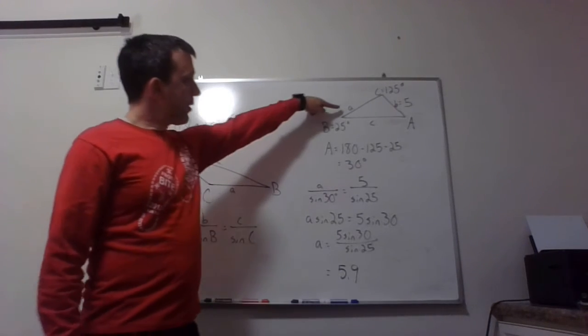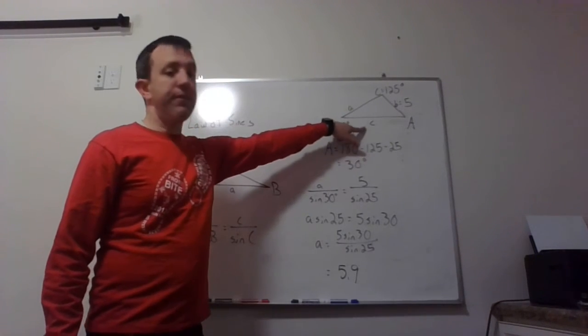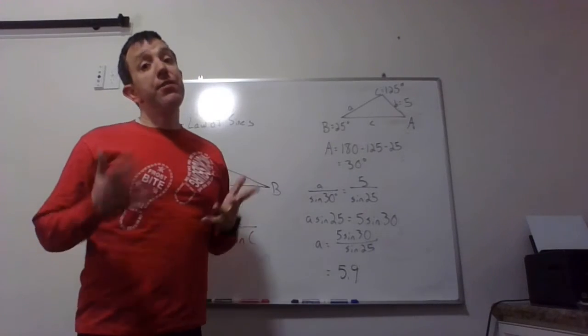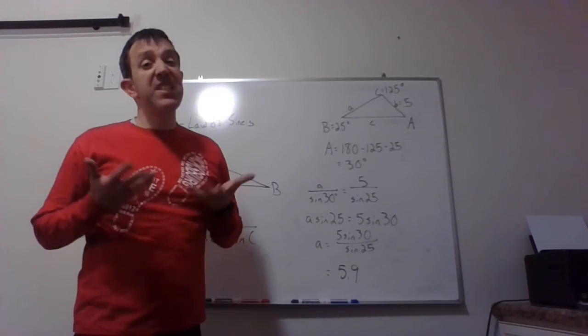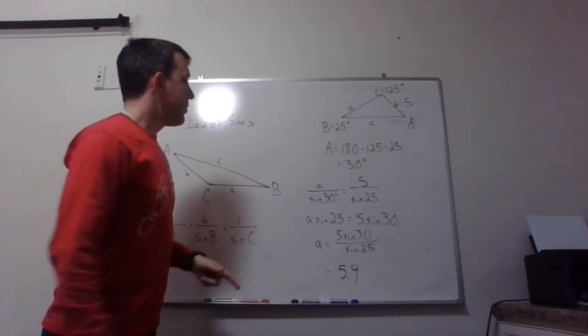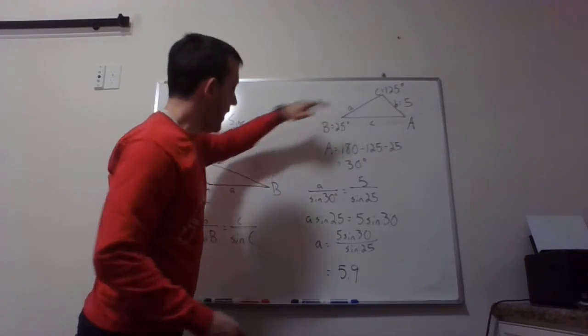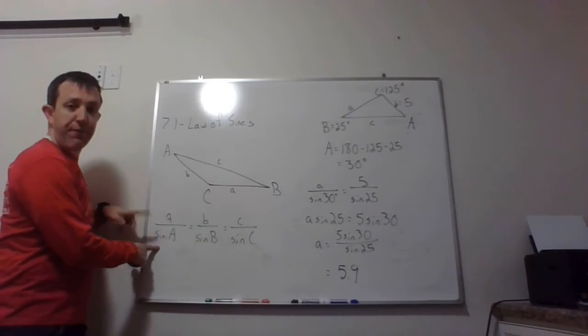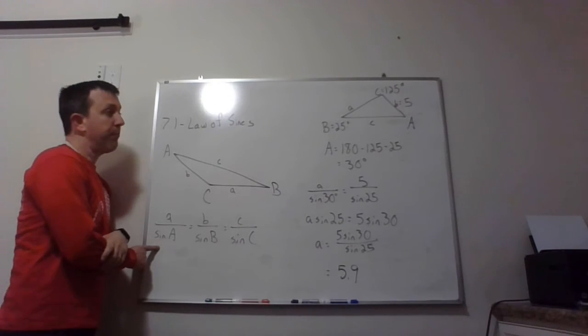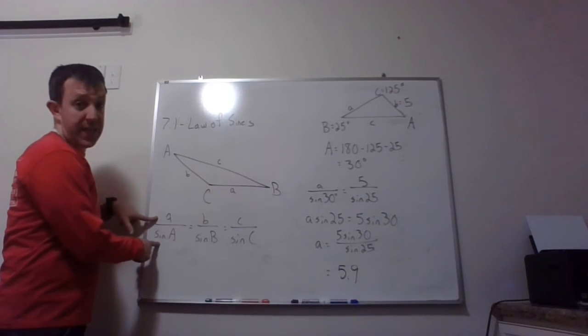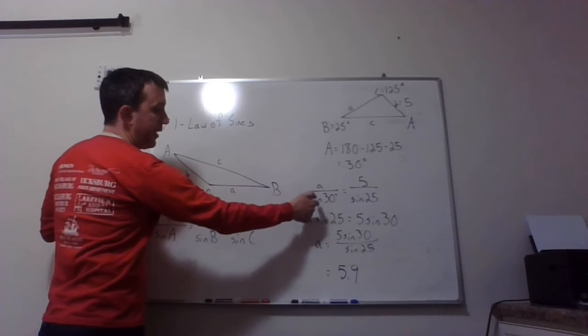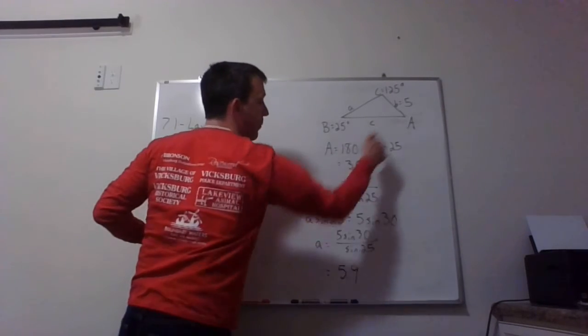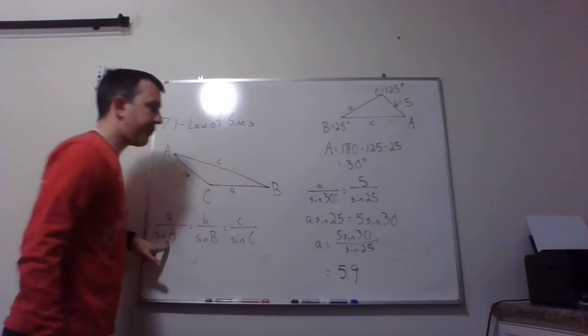So I'm going to go ahead and find side A, and I'm going to leave it to you guys to find side C. Here's a hint. It's going to work basically exactly the same way. So if I want side A, that means when I consider my fractions here that are all equal to each other, I need the fraction that has the A's in it. So that's why I have little a over the sine of 30, because remember we found capital A and it's 30.